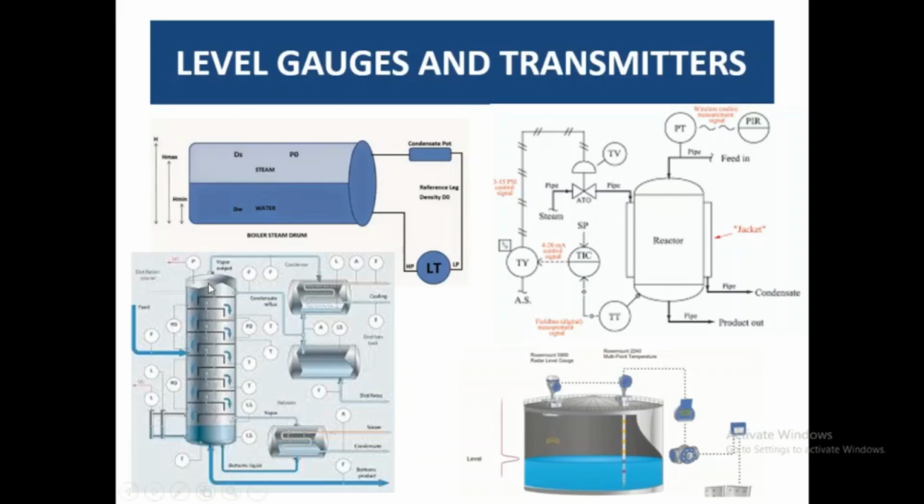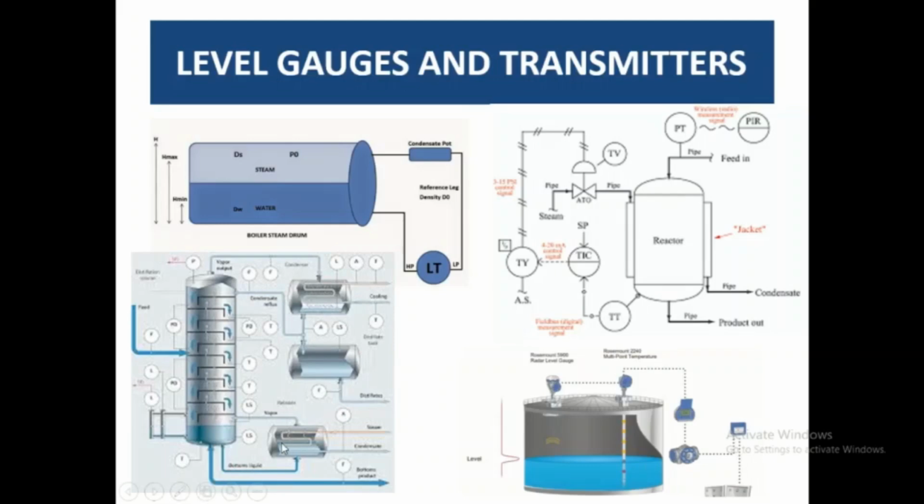the overhead vapors move directly to the condenser where they are condensed out. Most of the time these accumulator tanks or reflux drums are installed just below the condenser, so all the liquids fall down into the accumulator tank, and there is no requirement to install a level transmitter in the condenser.